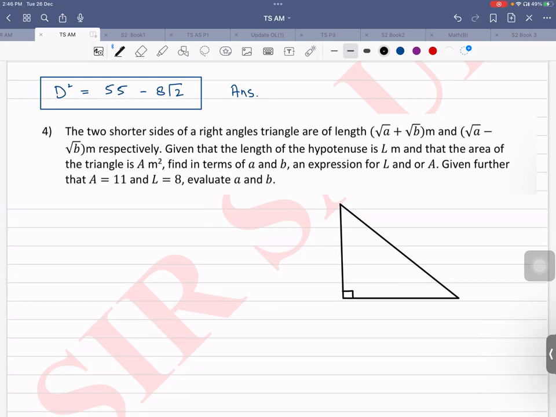The two shorter lengths are, which means other than the hypotenuse, square root a plus square root b, because hypotenuse is the longest side in a triangle, and square root a minus square root b. The hypotenuse is L and the area is A.